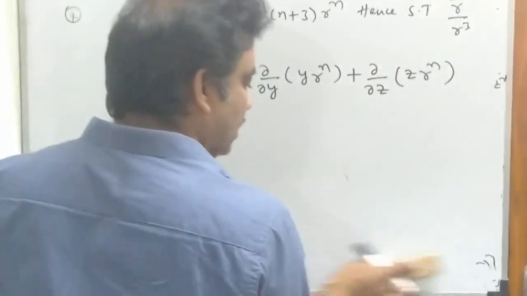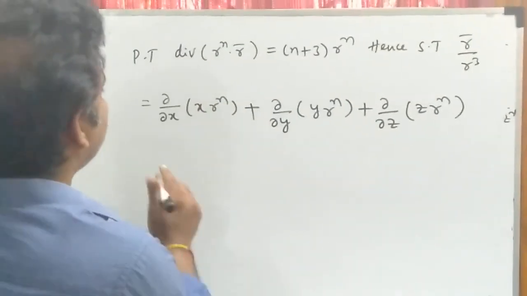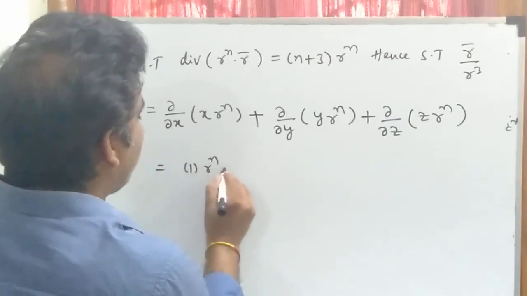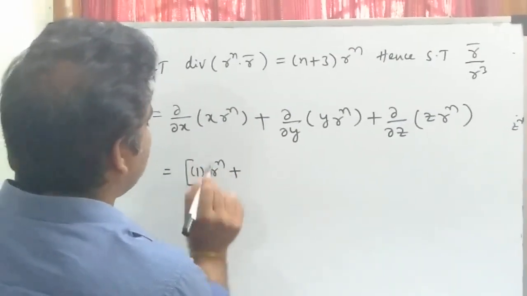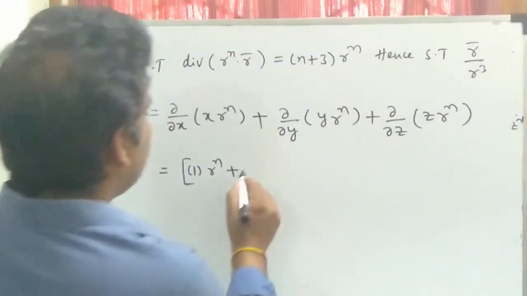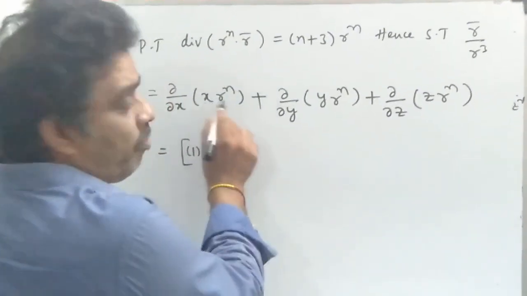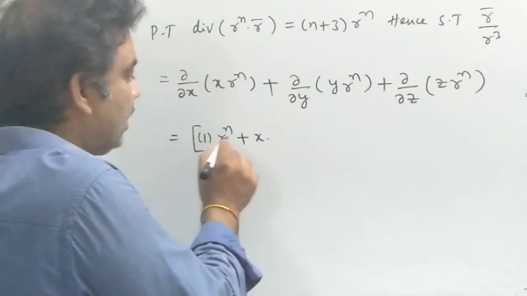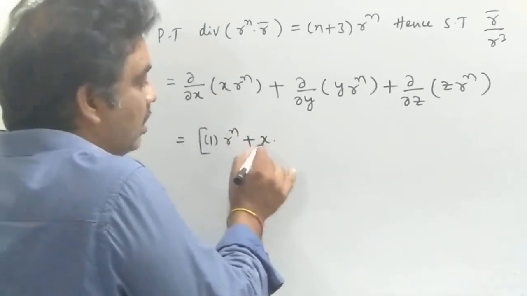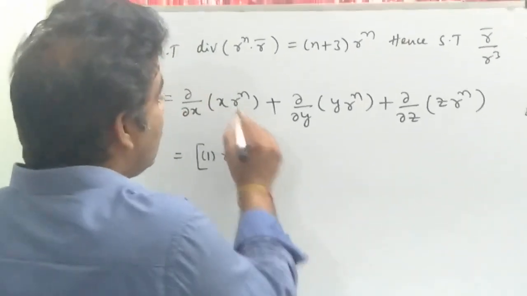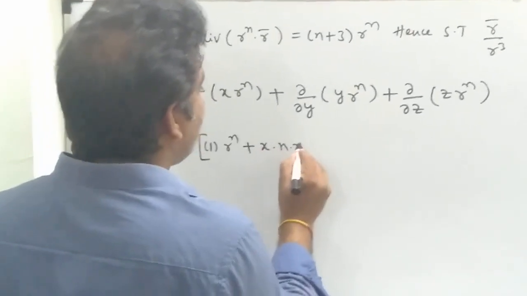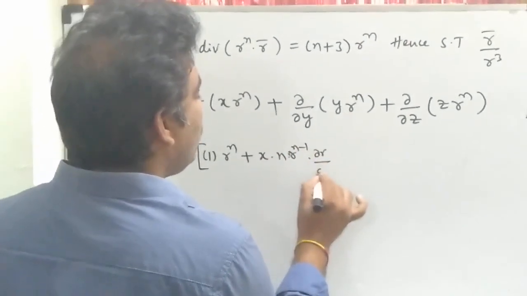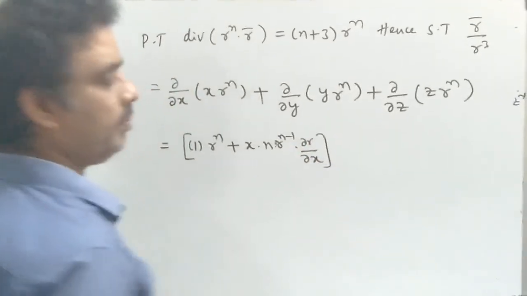So making partial differentiation: x derivative is 1 into r power n, treating it as a constant term, plus x into the derivative of r power n, which is n into r power n minus 1 into ∂r/∂x.